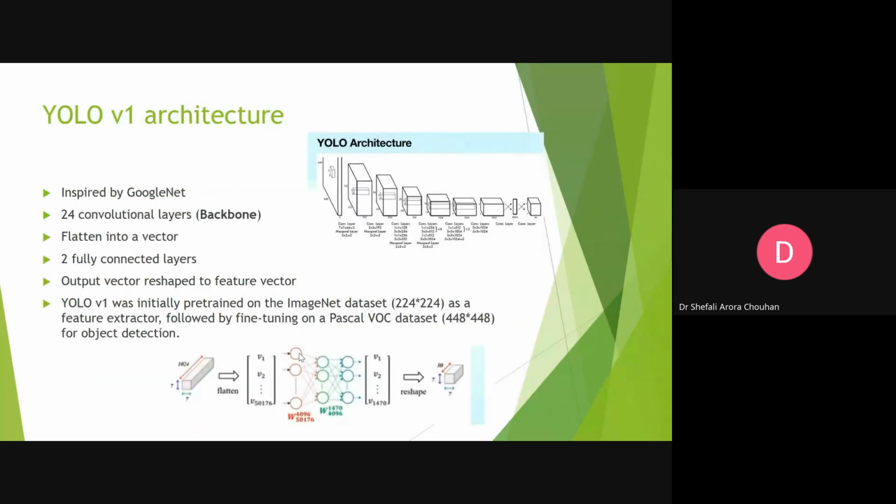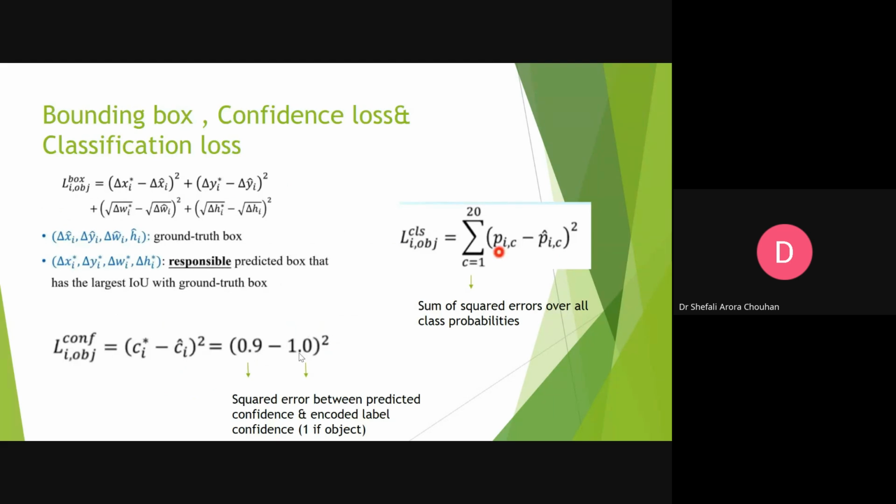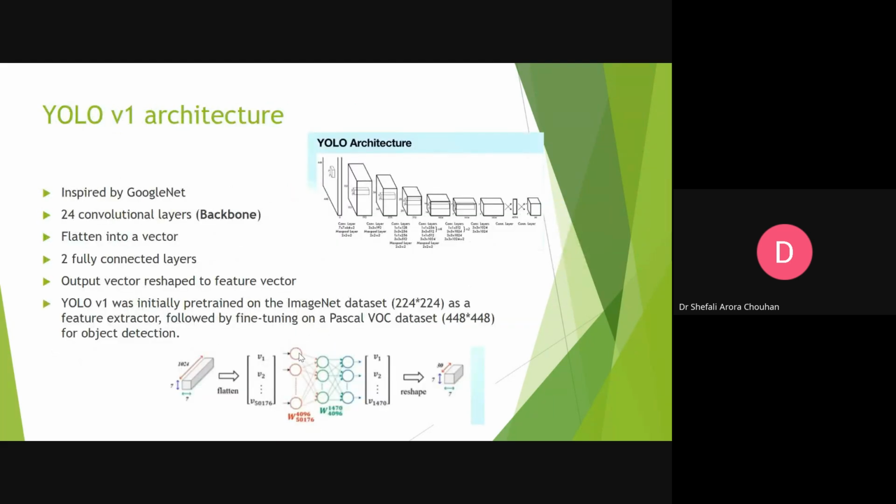Before I come to the YOLO loss function and how this confidence score is calculated, this is the very basic of YOLO. The most basic architecture which was proposed was YOLO V1, and it was highly inspired by GoogLeNet. GoogLeNet is a very simple pre-trained model which consisted of some convolution layers, max pooling layers and fully connected layers.